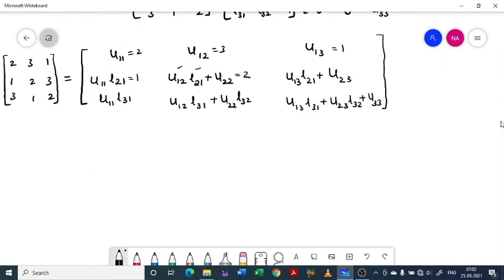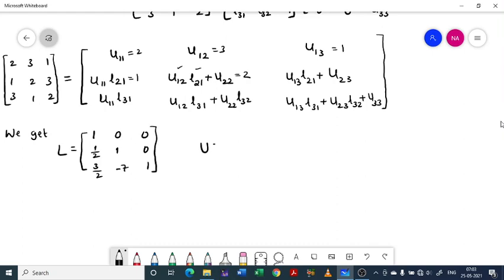It takes much time to solve each one of those, so I will directly write L and U. Later you can verify that. L equal to 1, 0, 0, 1 by 2, 1, 0, 3 by 2, minus 7, 1.